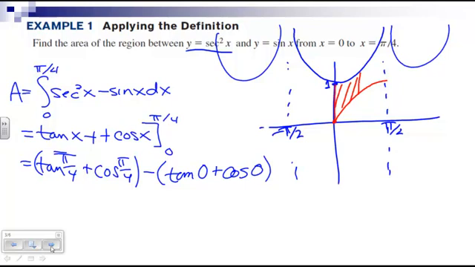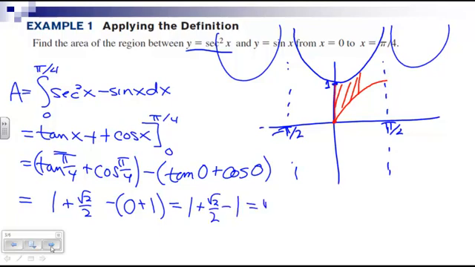Tangent of pi over 4 trips off the tongue: 1. Cosine of pi over 4, root 2 over 2, minus the tangent of 0, which is 0, plus cosine of 0, which is 1. So I end up with 1 plus root 2 over 2 minus 1, which is equal to root 2 over 2. Hooray!